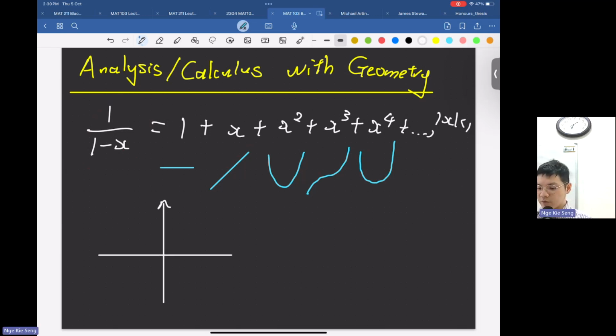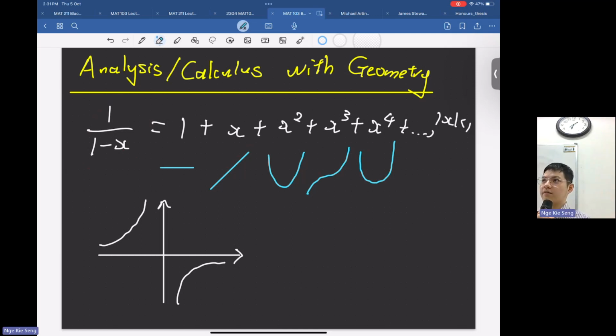The basic graph is 1/x. How to plot 1/x? And the other one goes down. So shifted by 1 minus x. Minus x meaning you need to go here first. So +1 goes which side?